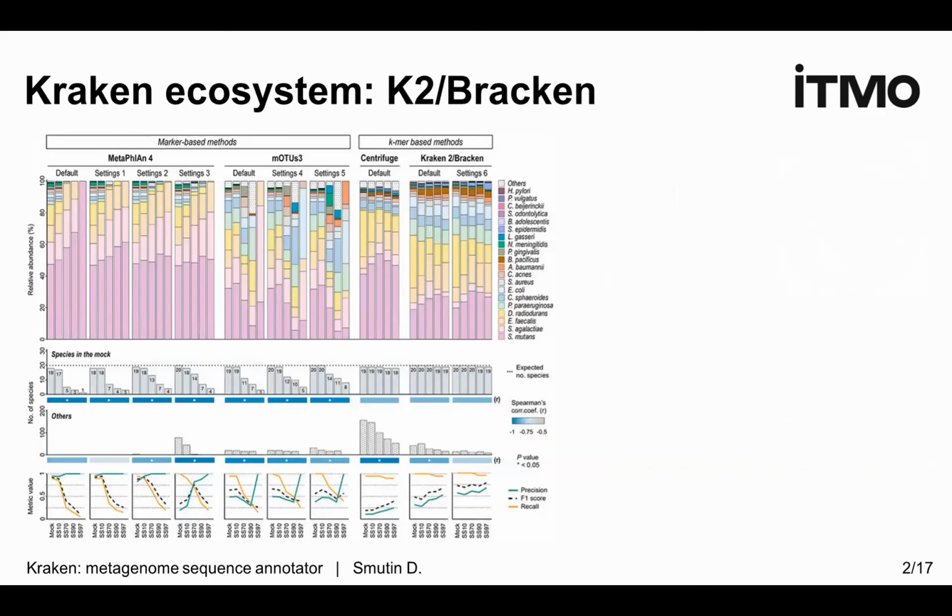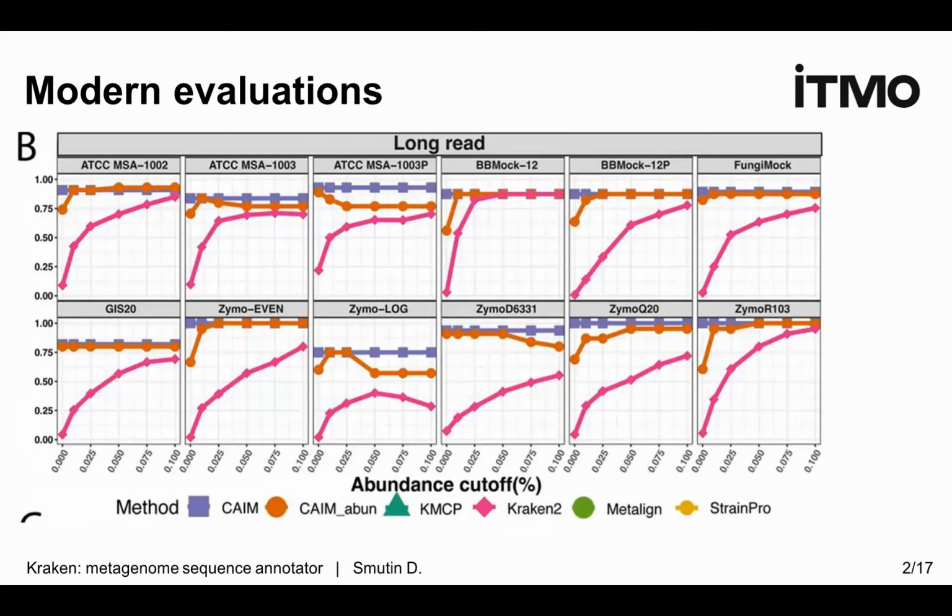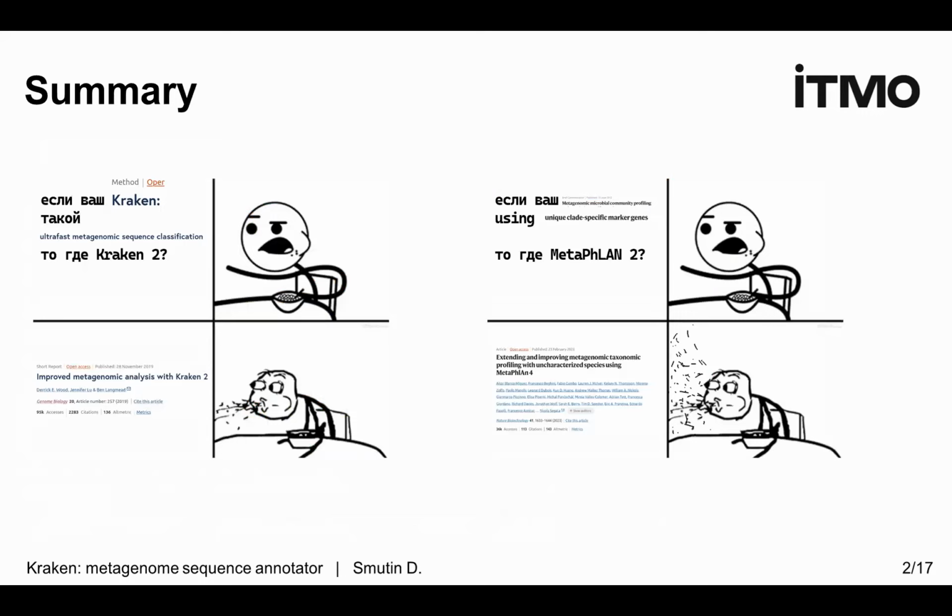One of the golden standards of analyzing metagenomics data in the modern era is the usage of the second version of Kraken with Bracken for classification, which really improves the output. So I believe that should be it.